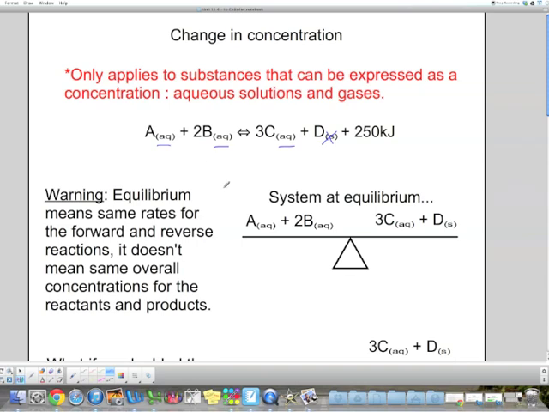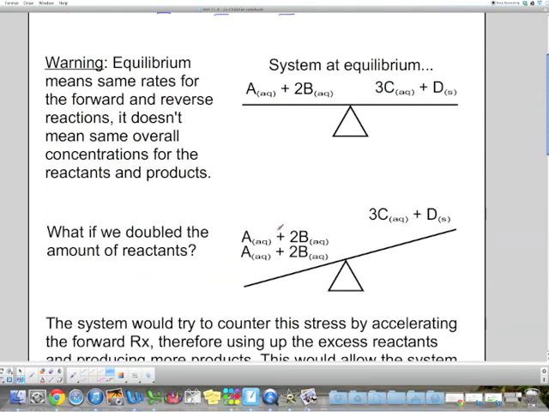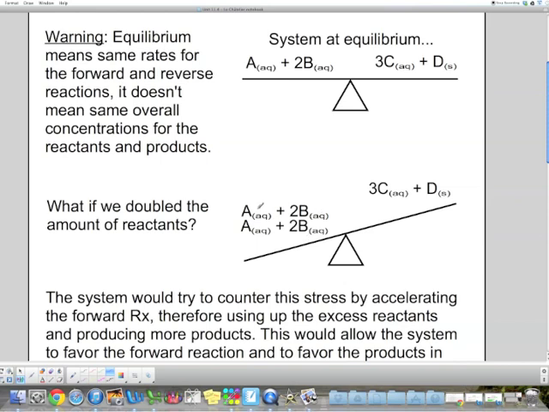So let's take a look at this. My system is at equilibrium presently. We tend to use the scale, or the balance, a lot because it's a very good visual tool to understand the principle. So here we have a system at equilibrium. What would happen if I doubled the amount of reactants? Well, obviously, since I have more reactants, it's as if this side is heavier.